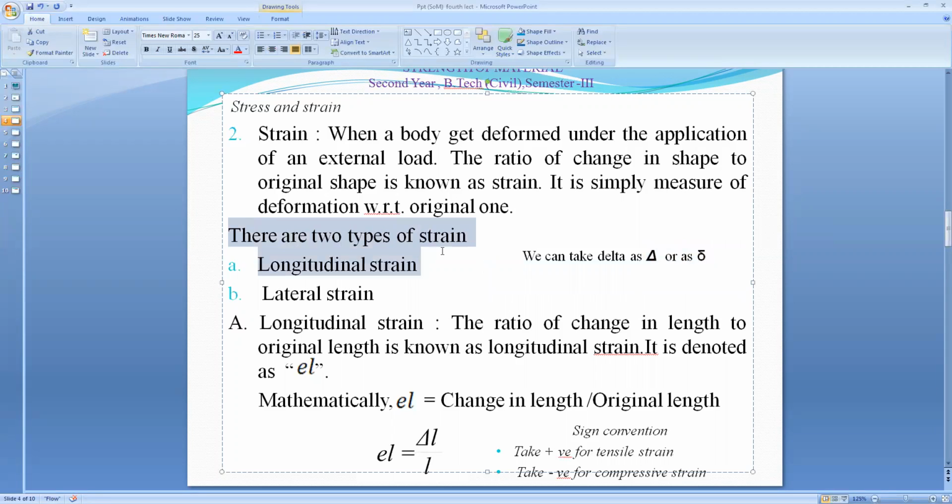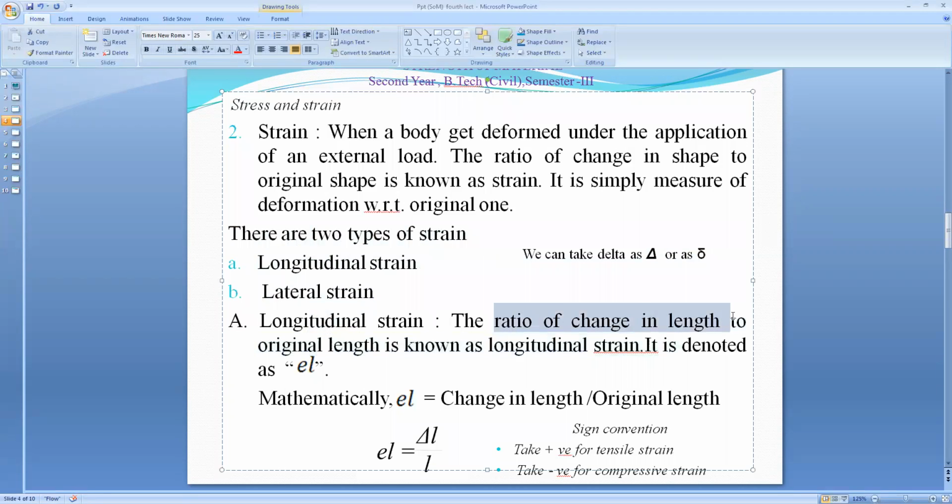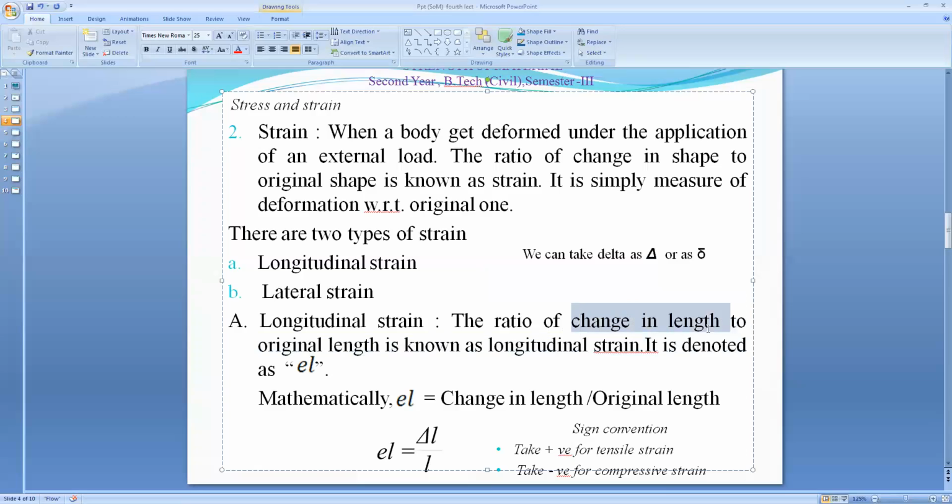There are two types of strains. One is a longitudinal strain, another one is a lateral strain. When we consider the longitudinal strain, the ratio of change in length, or extension, measured with respect to the original body is known as the longitudinal strain. Whether the length is decreased or increased depends on the nature of the force.